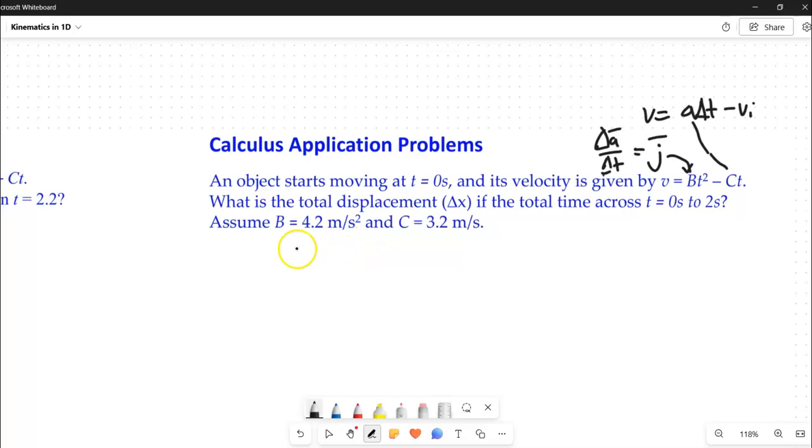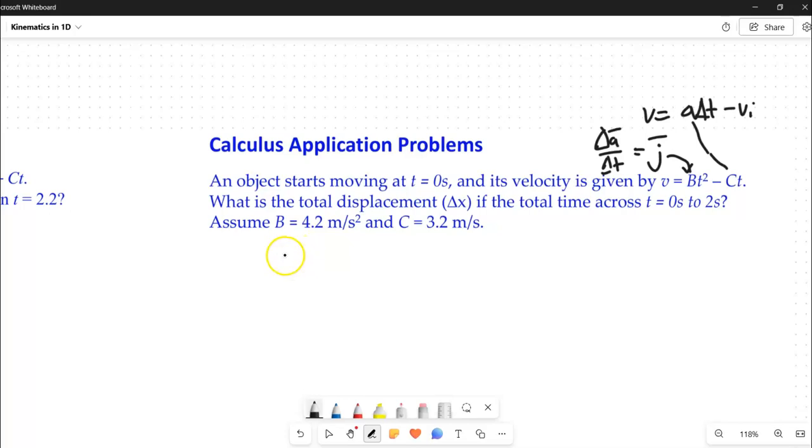The question is asking for the total displacement in this time frame. Essentially it's asking for the area underneath the curve of this line, relative to the velocity equals 0 t-axis.